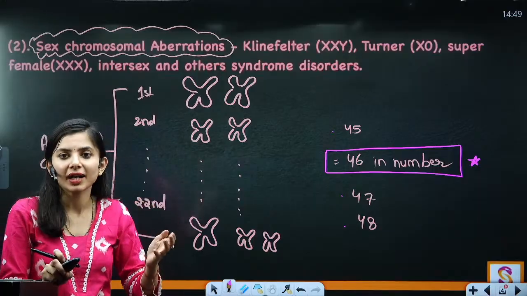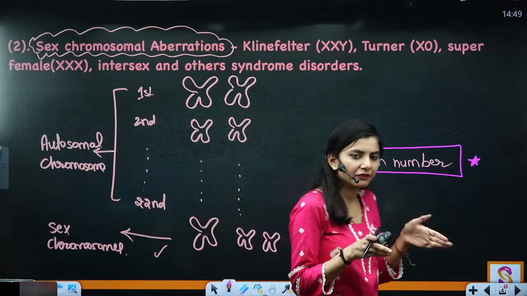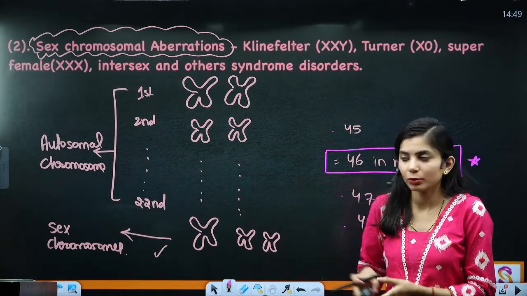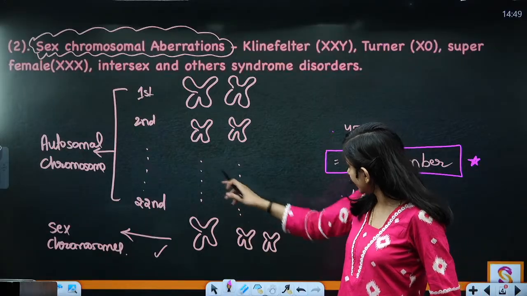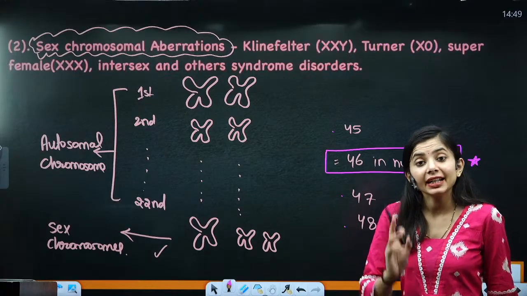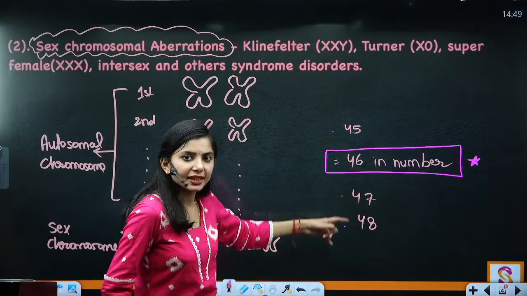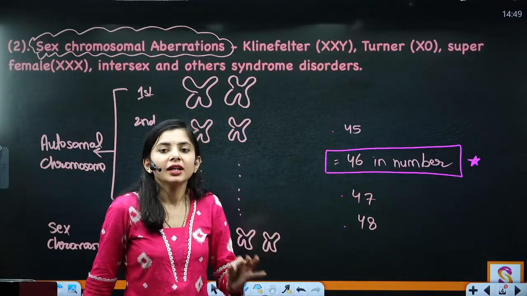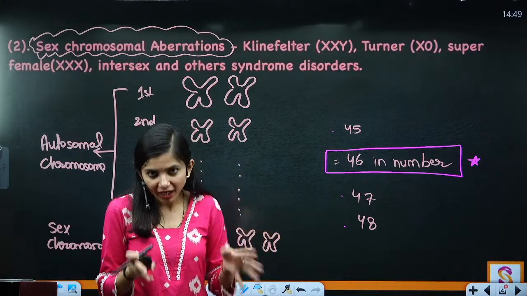Another thing you need to understand here: if the 23rd pair of chromosome, that is the sex chromosome, is normal and is 46 in number, it means it's fine. But let us suppose there is some sort of addition. There is nothing which can be argued.